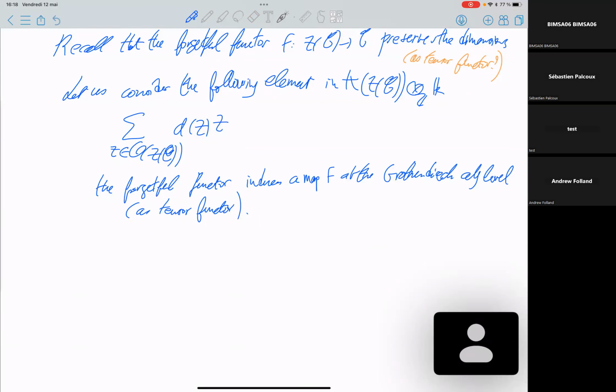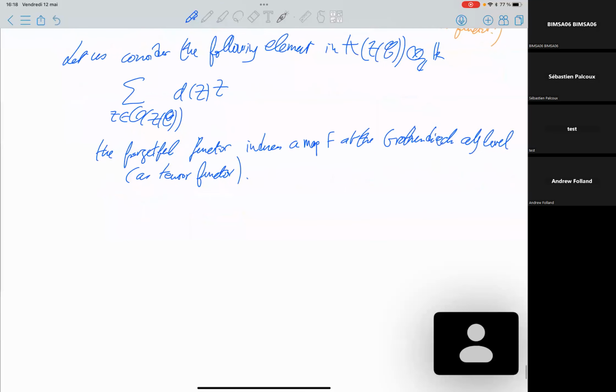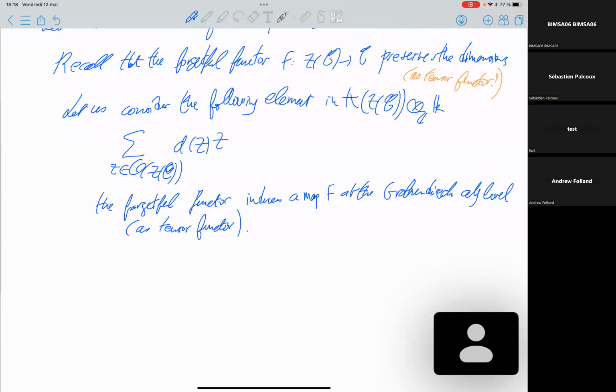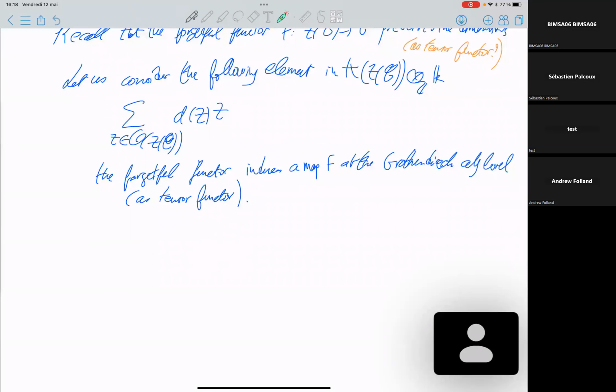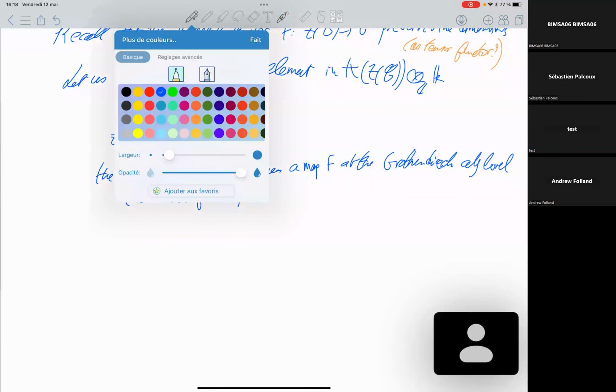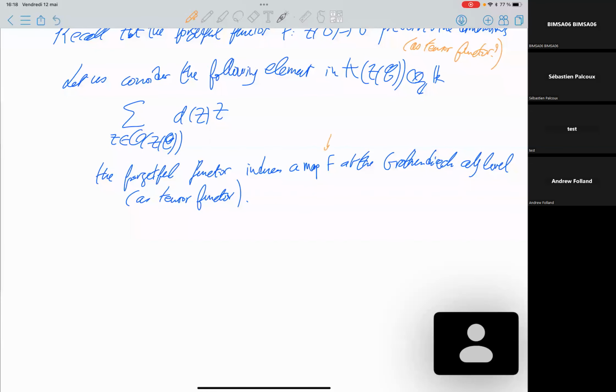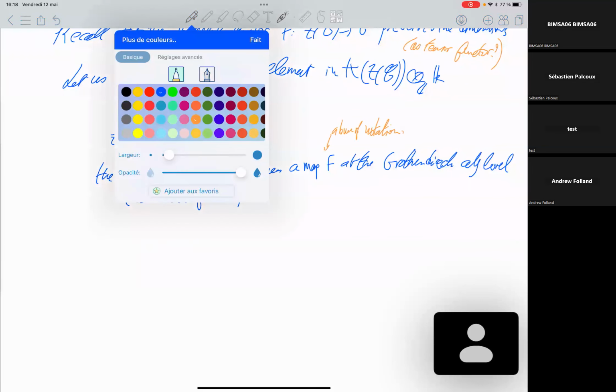So we use the same name for the forgetful functor and the map at the Grothendieck level. Abuse of notation. Be careful, it is not the same.